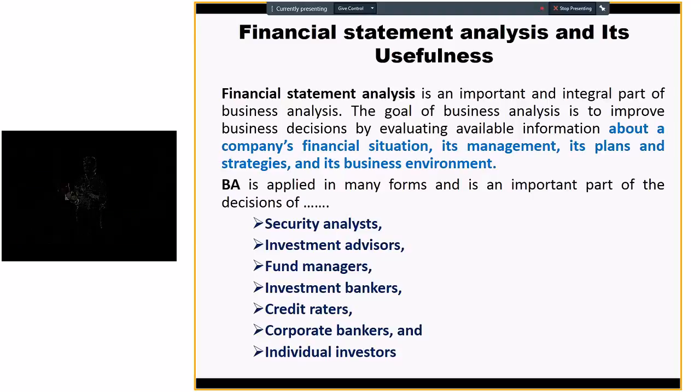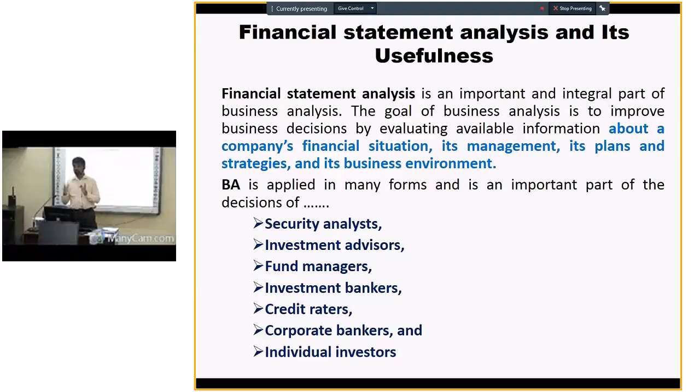So the individuals and institutions, institutional investors and individual investors, right? Then here, investment bankers and credit traders. There are a number of credit trading organizations. They rank and rate organizations based on credit worthiness and financial stress.